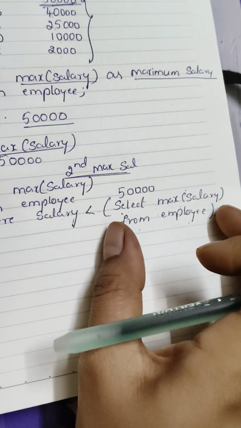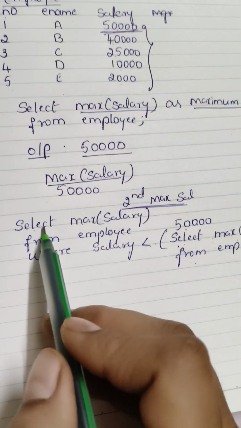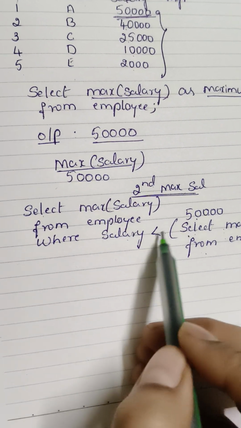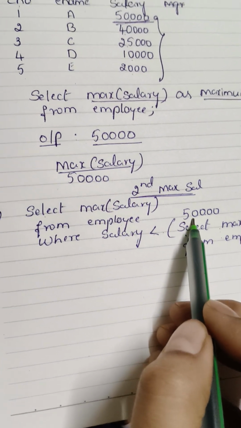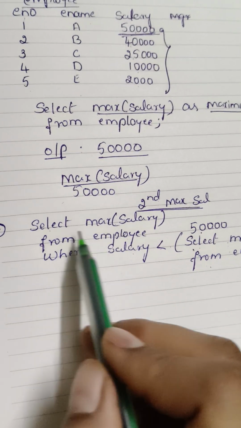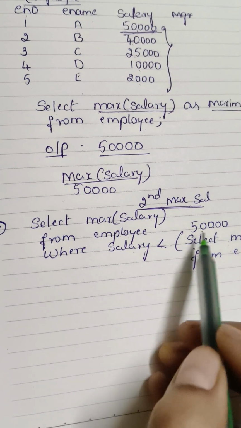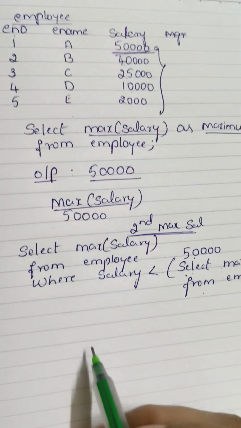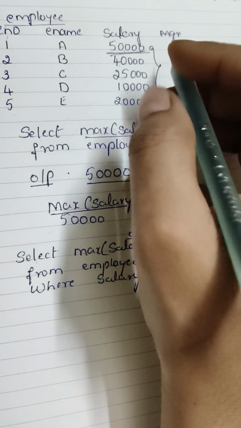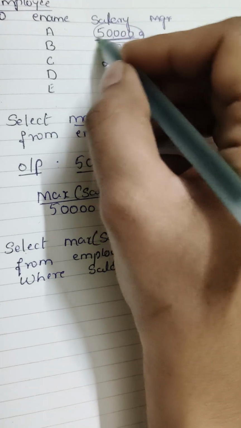Correct, right? So this query gives the result 50,000. Now select max of salary from employee table where salary is less than 50,000. Whenever this query executes with the condition salary less than 50,000, it will skip this one.